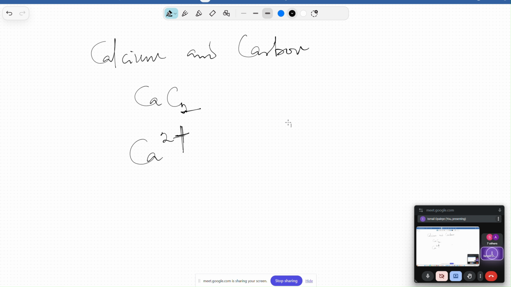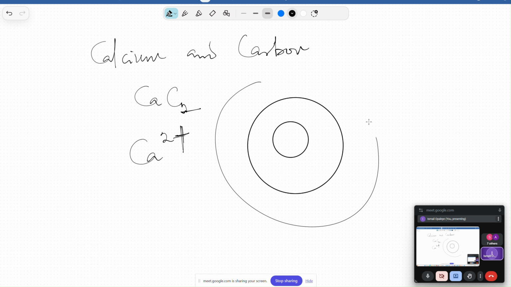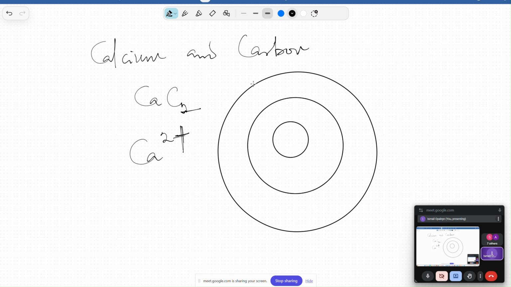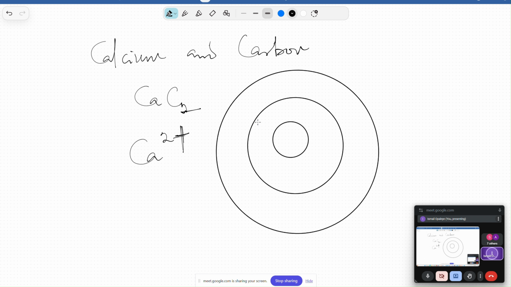Meaning that when you draw the structure, I'm going to be assuming that you already have some background knowledge of this chemistry concept. So when you draw the structure, you go to normal calcium. Calcium is of atomic number 20. So you go to 20. That's one. You have two there. You have three.